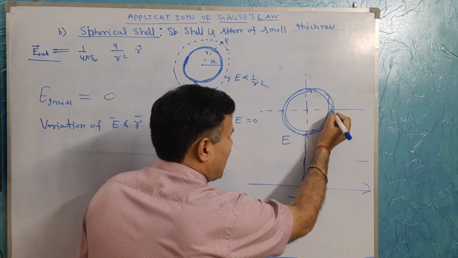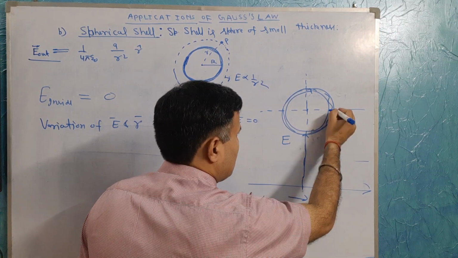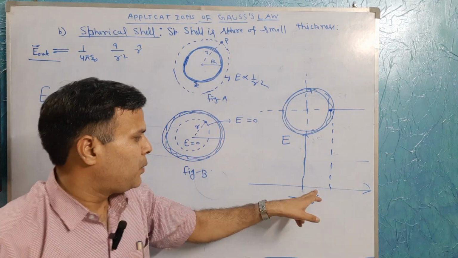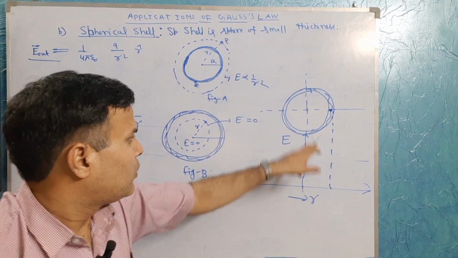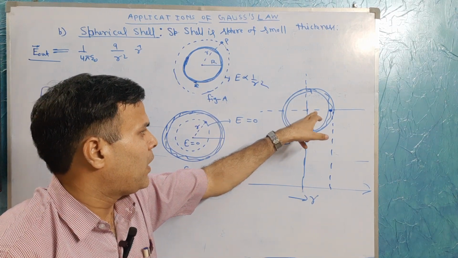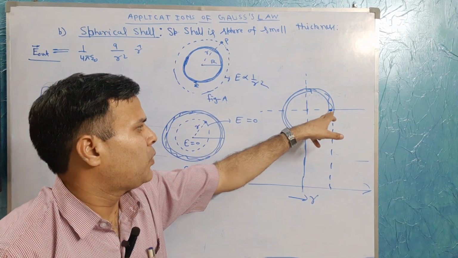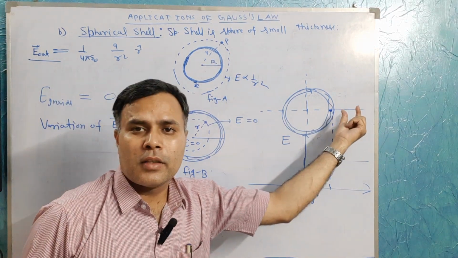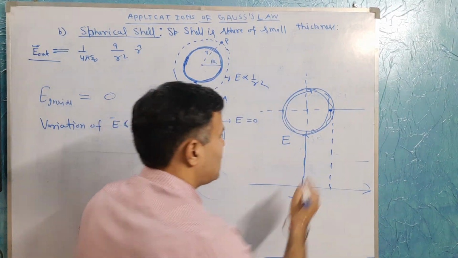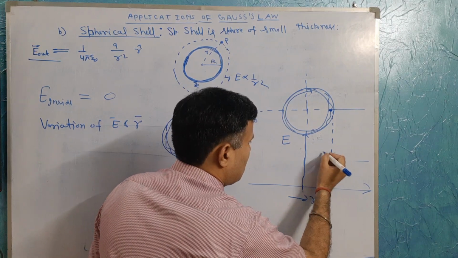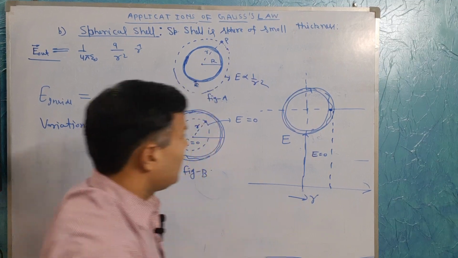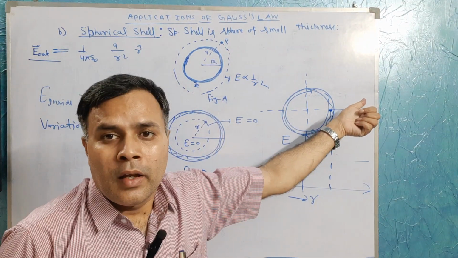Inside, the electric field is 0. If you want to find the electric field from the center up to the thickness of the spherical cell, we have E equal to 0. And what about outside?